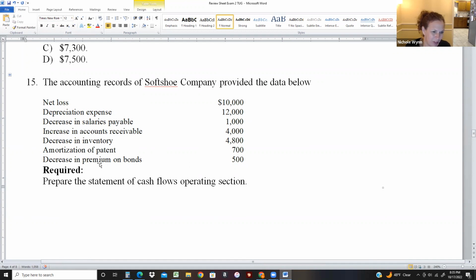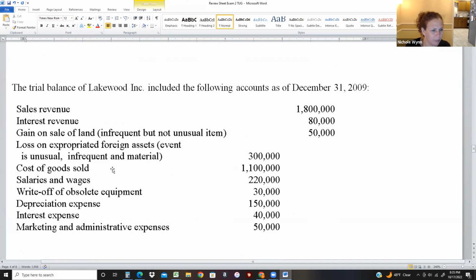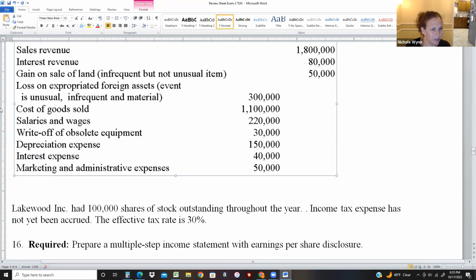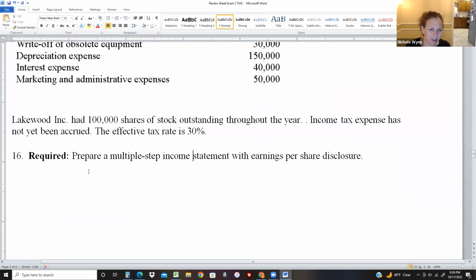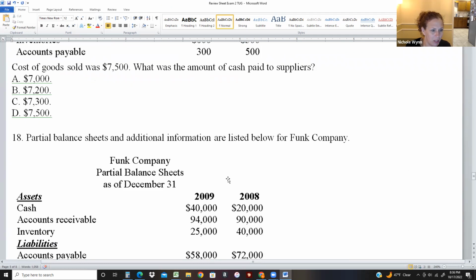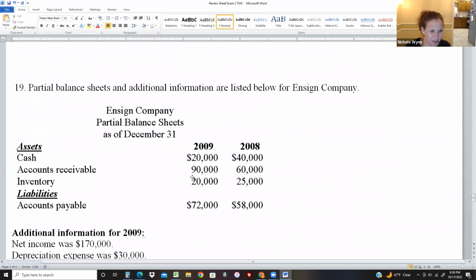So just keep in mind that that's a regular liability, because discount is a contra liability, but premium's a regular. And then on this one, it says unusual, infrequent, and material. So on that one, just treat it like a discontinued item and you can solve that one. But the one on the exam does not have any discontinued operations in the problem. So that's nice. So, all right, the rest of this is good practice too.